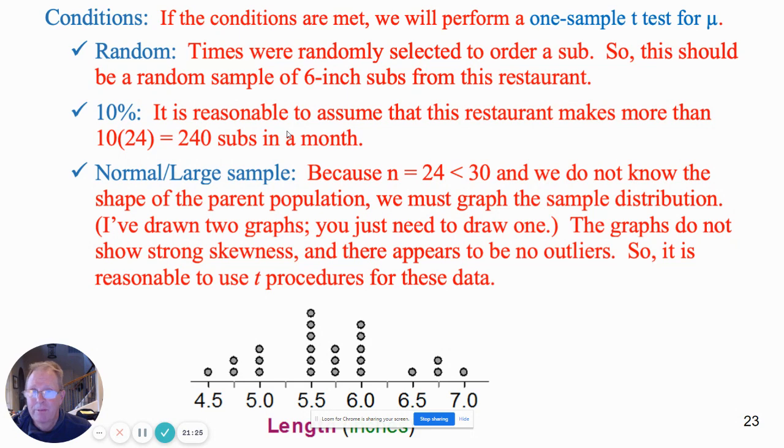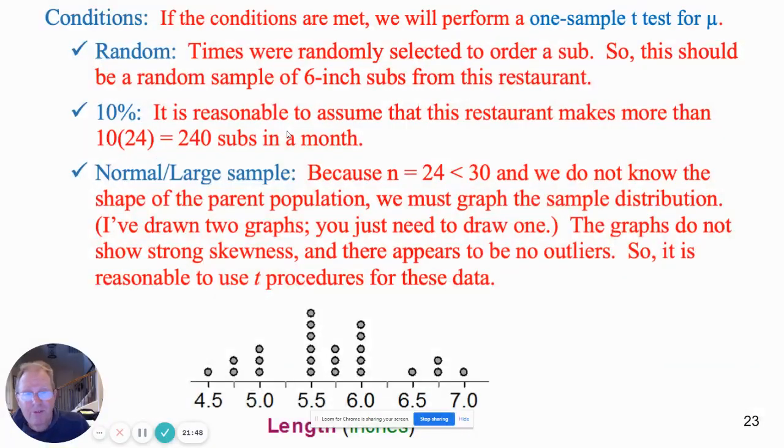We need to check the random condition, and indeed they randomly selected 24 different times during the month. So we're going to say that this was random selection. We need to pass the 10% condition. It is reasonable to assume that this restaurant makes more than 10 times 24, or 240, subs in a month. Now here's where we get tricky.